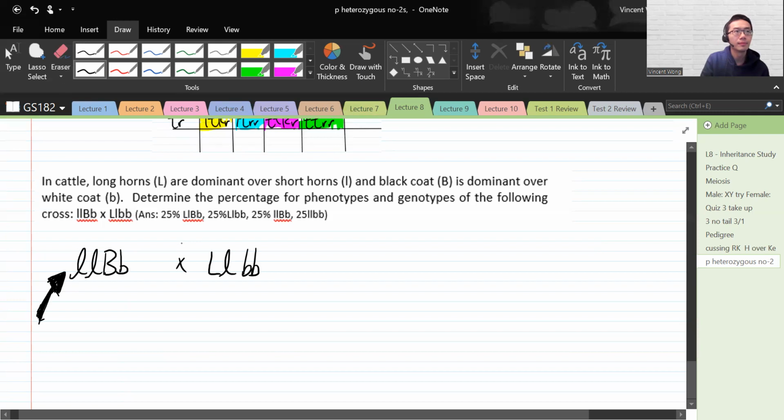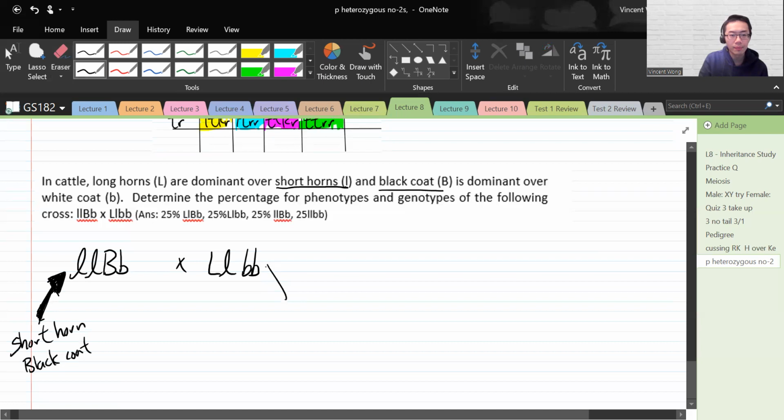Vincent, can I try? Yeah, of course. Go ahead, please. I think it's a black coat and short. That's right, because small l is short horns and black is big B. So this is short horn and black coat. Very good.